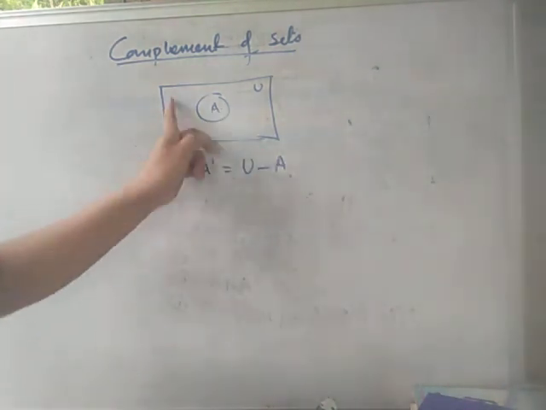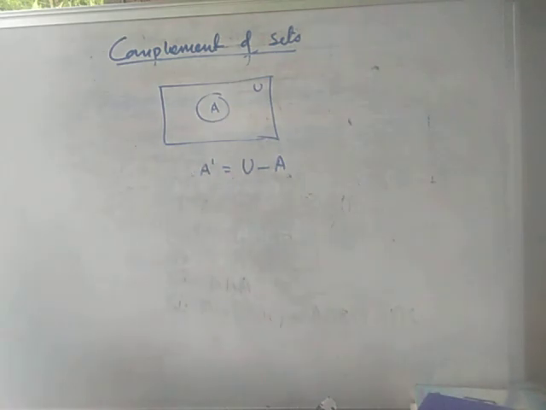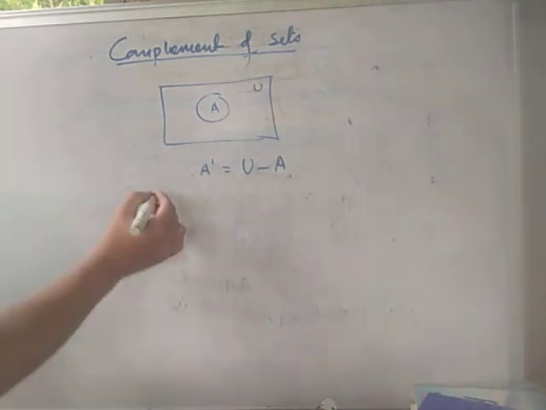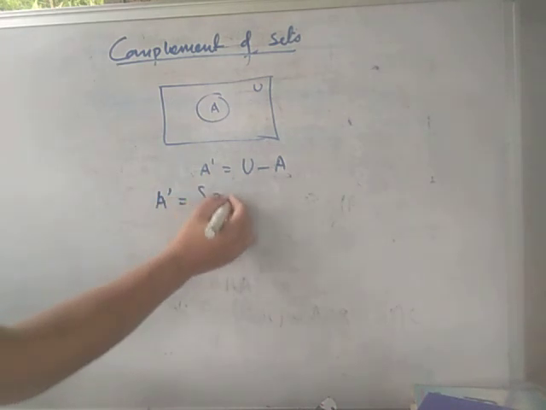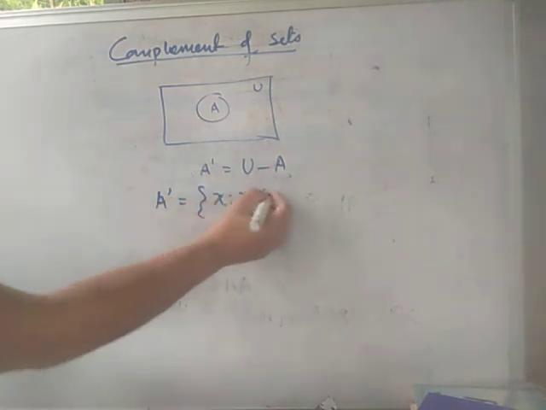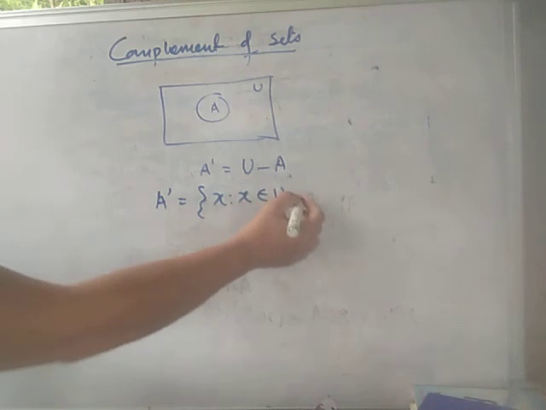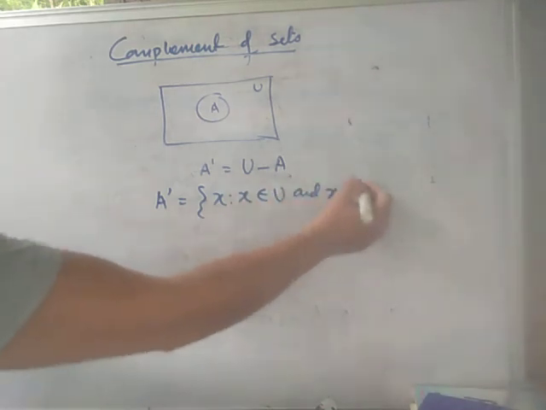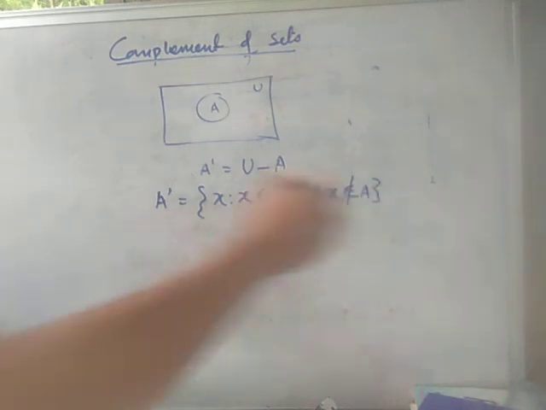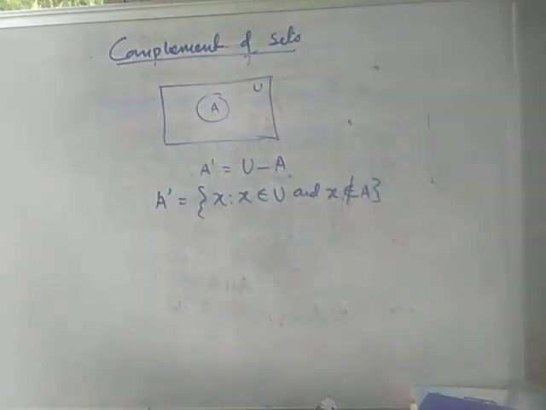A is removed, and whatever remains is called complement of A. Okay, so definition you know, isn't it? Just see, definition is there. So A dash is a set of x such that x belongs to U and x does not belong to A. This is your complement. Definition of complement of set.